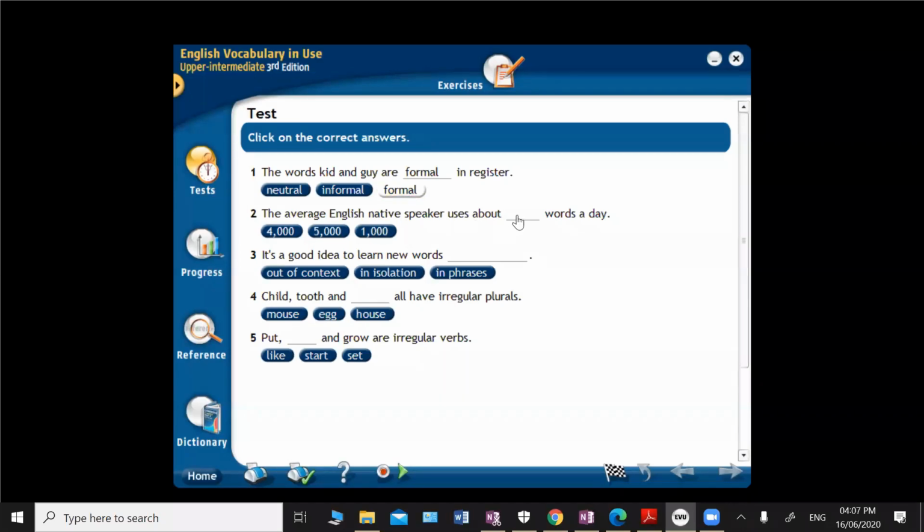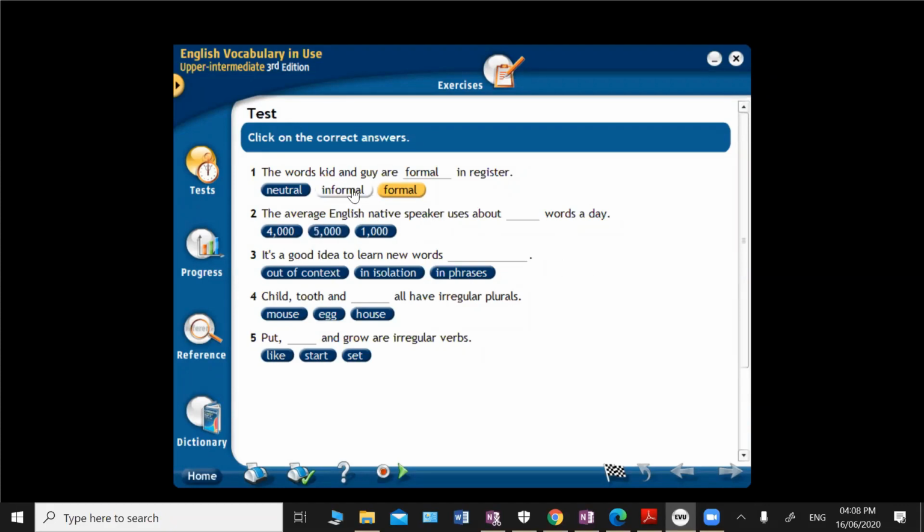We answered it before. 5,000. And number 3, no, the words kid and guy are informal, not formal. We didn't choose, okay. Number 3, it's a good idea to learn new words in phrases. Okay.